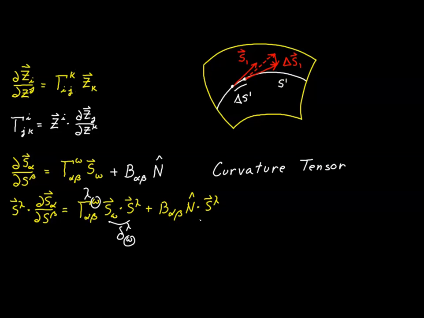And in this term, remember that our basis vectors lie in the tangent plane, and therefore they are orthogonal to our normal. So the dot product here is just 0. This whole term drops out. And that means that this entire right-hand side of this expression resolves simply to gamma lambda alpha beta.